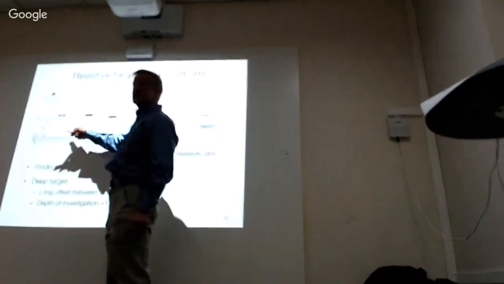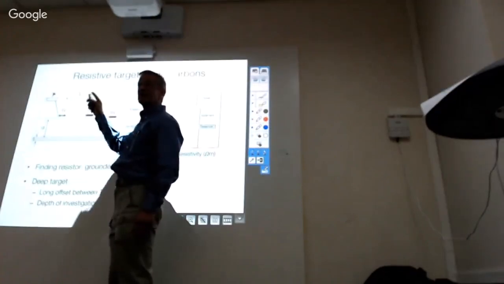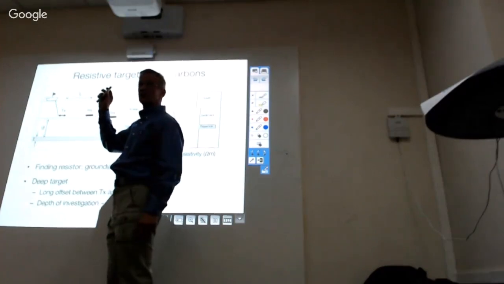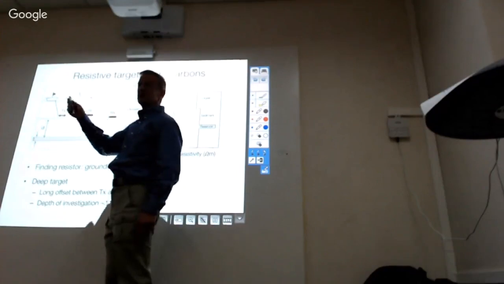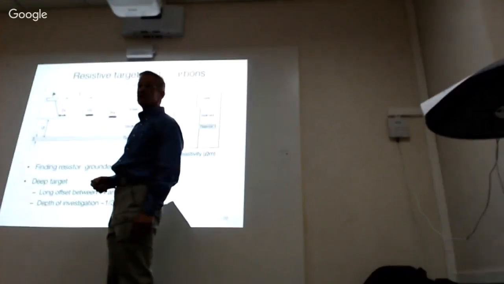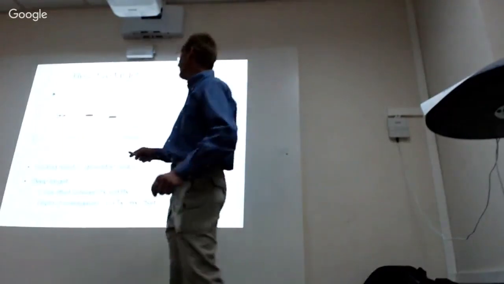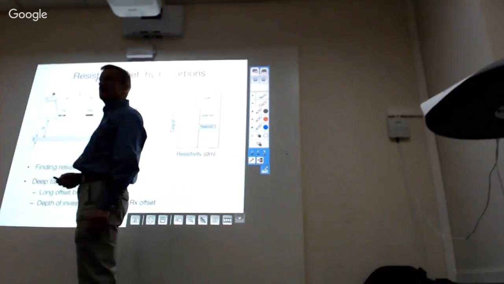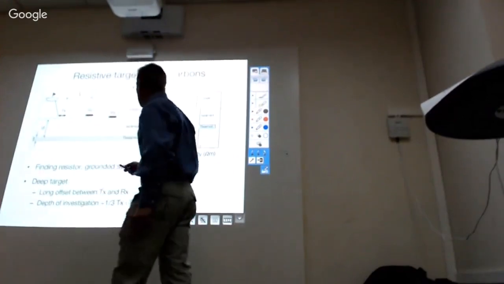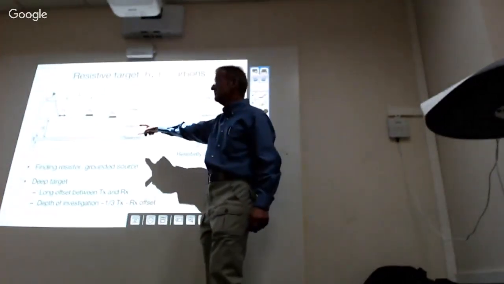In a lot of these cases, this depth is more like a couple of kilometers or 2.5. The Barents Sea example that we just stopped over was over 2 kilometers depth, and that meant they actually had just about 8 kilometers of cable going out. These are huge experiments, right? You're on a ship putting out cables with receivers that are 8 kilometers out there. So the thing is, whether or not you can see this target.